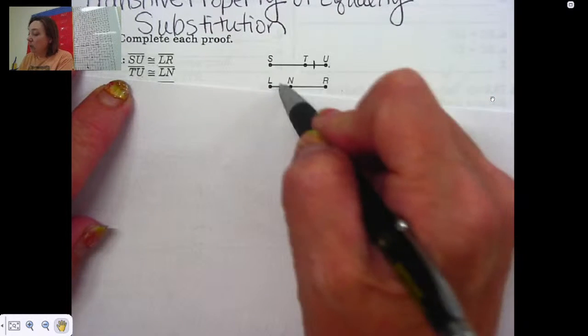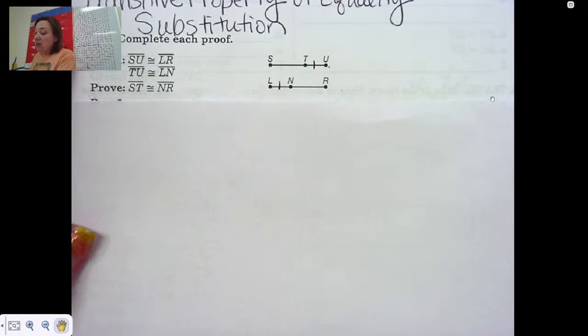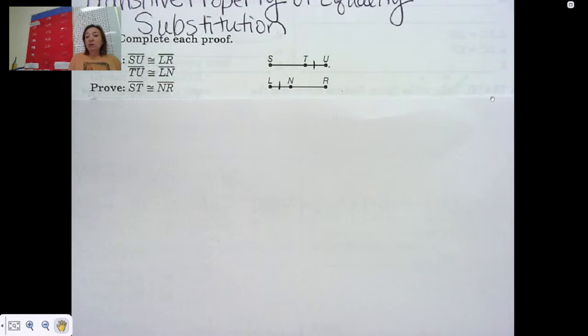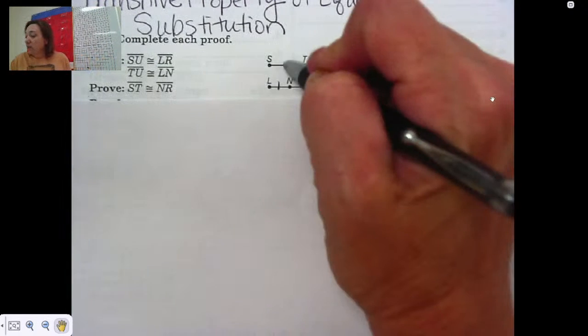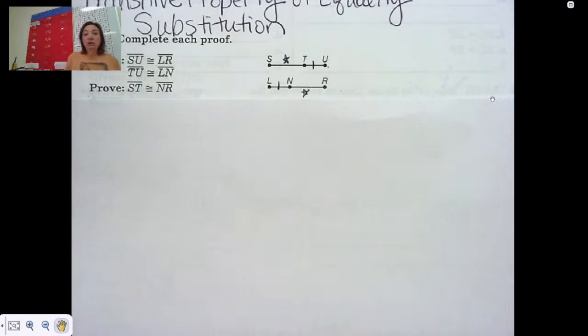I'm going to put a little mark on that and that just so that I remember that's what that says. Now that information was given to you. You know it's true because they told it to you. Then the next thing they say is prove that ST is congruent to NR. That's what we're trying to prove.